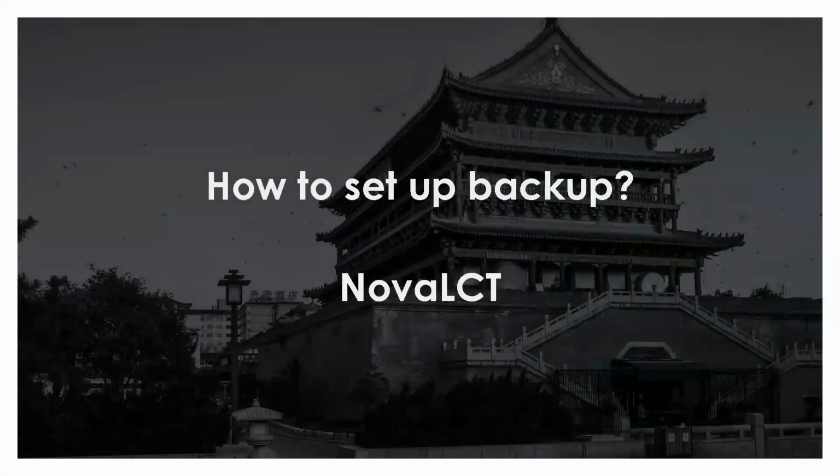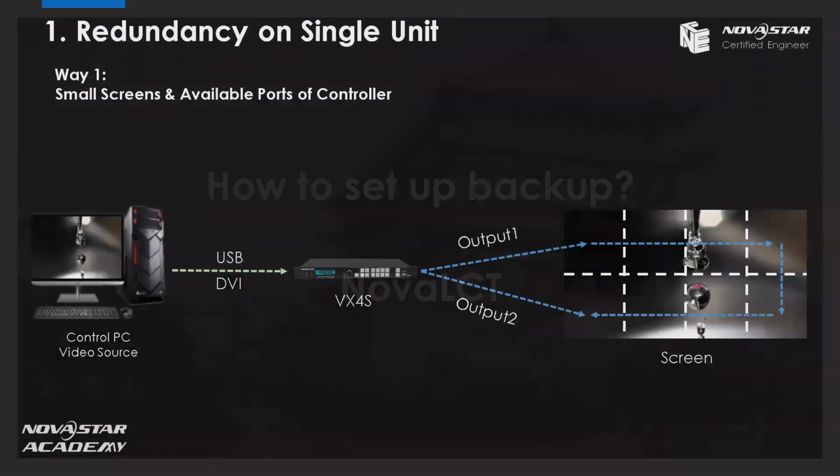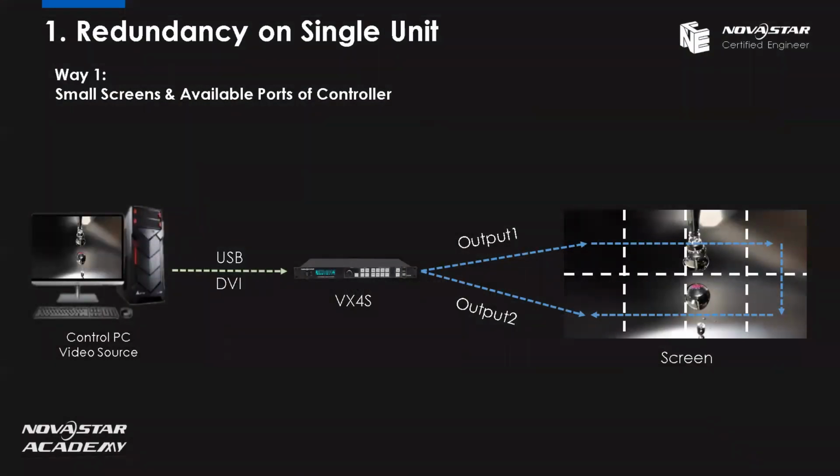So how can we set up the backup in the Nova LCT? There are several ways to do the redundancy. The first way is when we are using a small screen and there are available ports on the controller, such as this structure. I just have a screen with 8 cabinets.